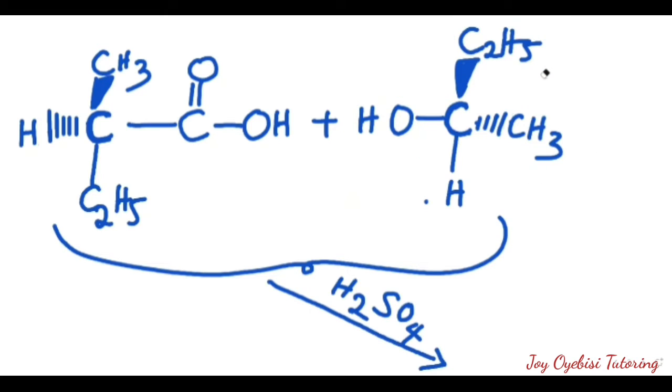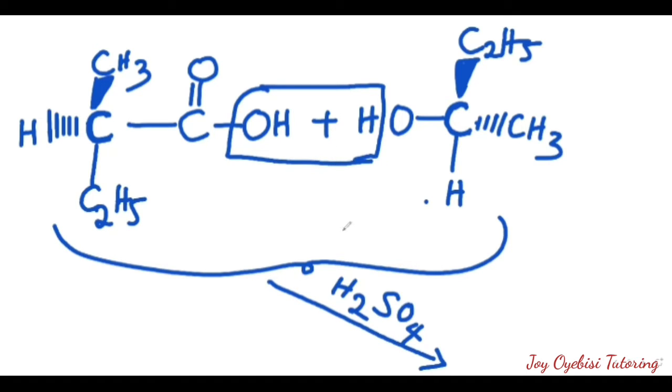For this particular one, when these 2 combine, they're going to give us an ester, and this reaction is called an esterification reaction. If you are asked to write the product without the mechanism, the fastest way to do that is to combine the OH from the acid and the H from the alcohol, and remove it as water.